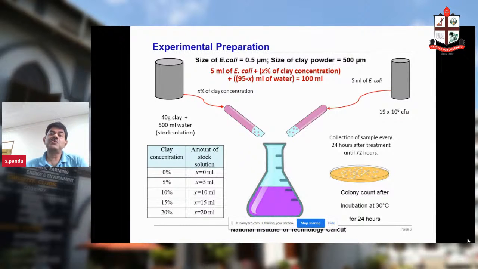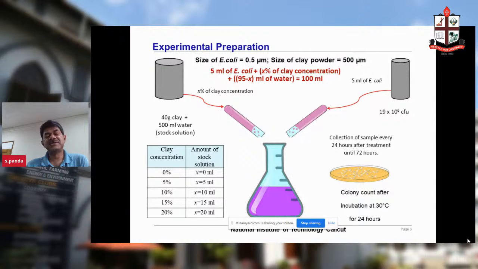You have the bacteria on one hand, and the simple clay product that you mix with water, and then you keep it in a medical setup and check at a certain temperature.